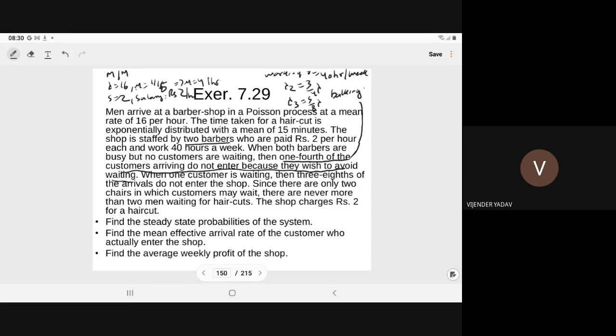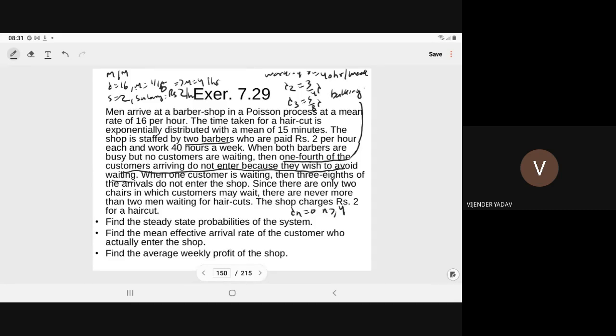Since there are only two chairs in which customers may wait, there are never more than two men waiting for the haircut. It means, because of the finite capacity, lambda n is equal to 0 for n greater than or equal to 4.